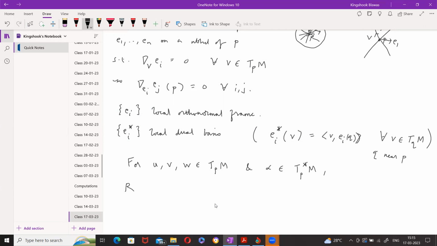I'm going to use the same symbol R for all of the curvatures. So R of UV applied to alpha will be an element of the cotangent space, which acts on W. And what we showed is that, this being the curvature of the dual bundle, it equals minus alpha acting on R of UV acting on W.